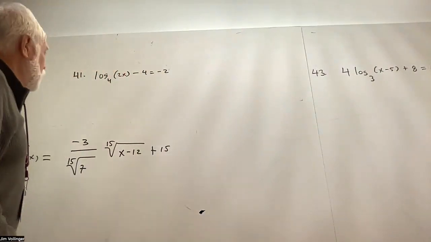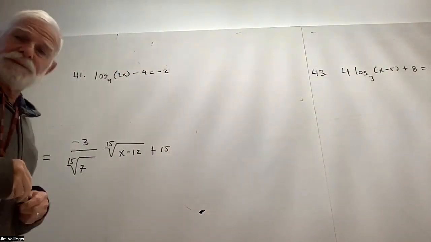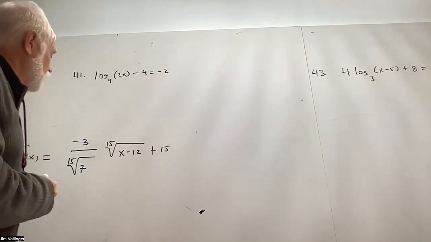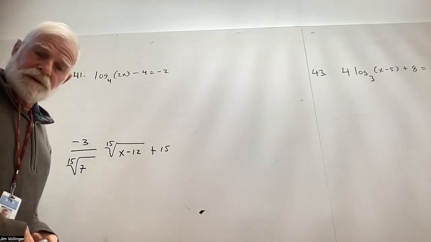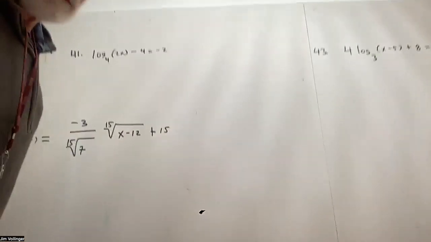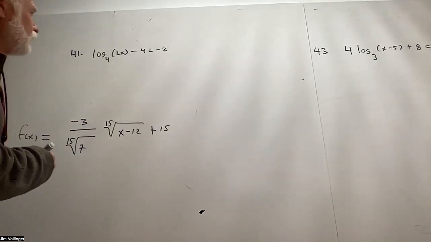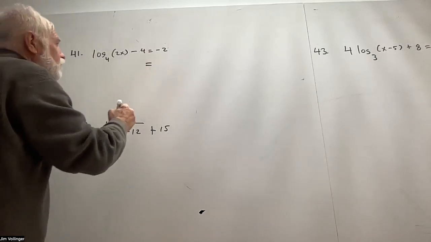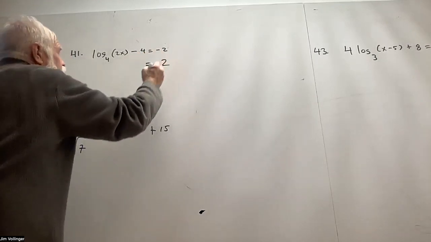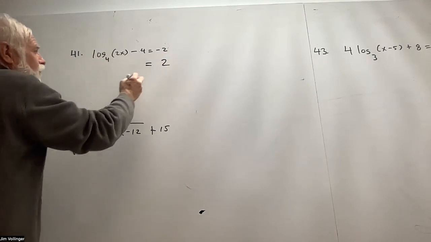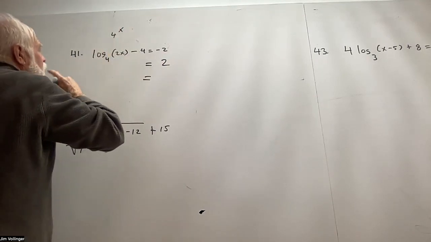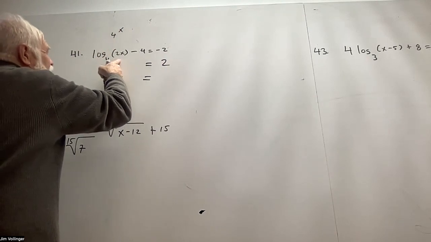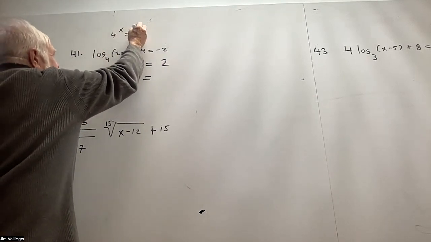So let's do some problems together. And when necessary, I'll try to generate a little conceptual understanding, perhaps. So at this stage of the game, we're using inverse operations. I hope you can follow. Log base 4 is asking the question, what do I put on top of 4 to get what's inside the parentheses?